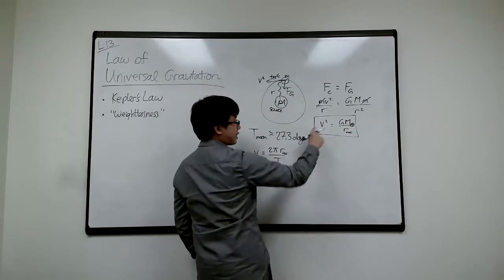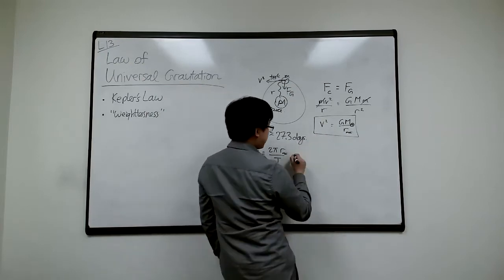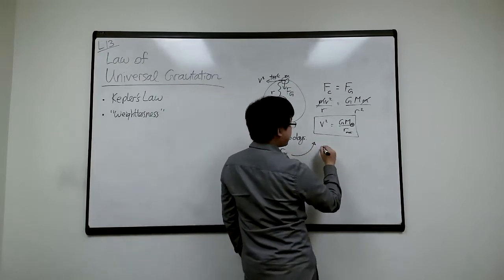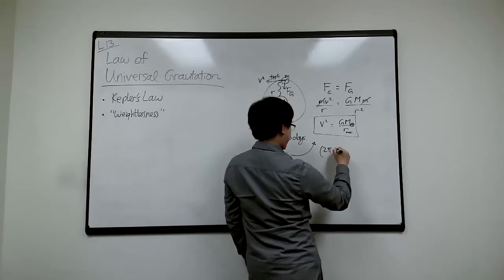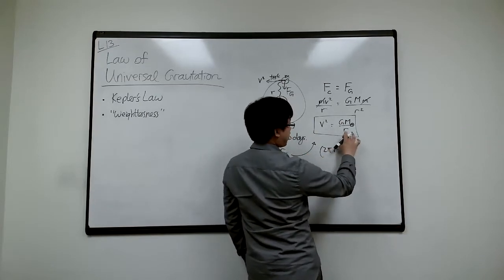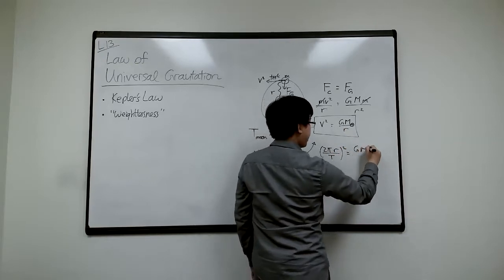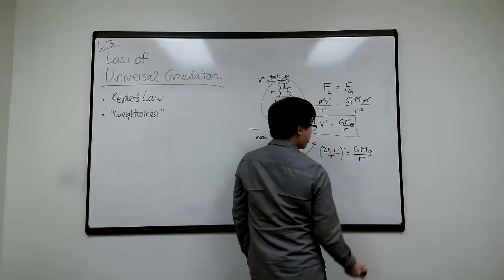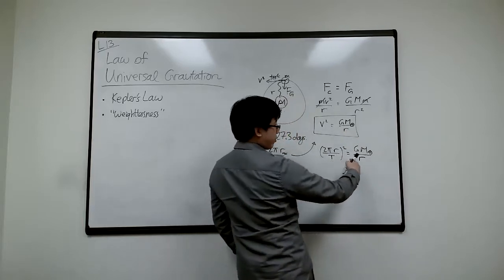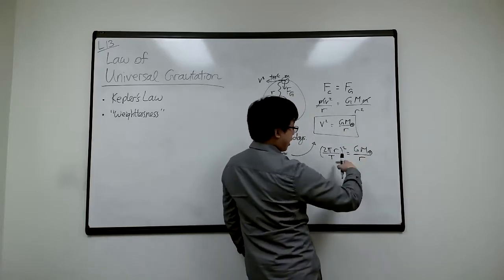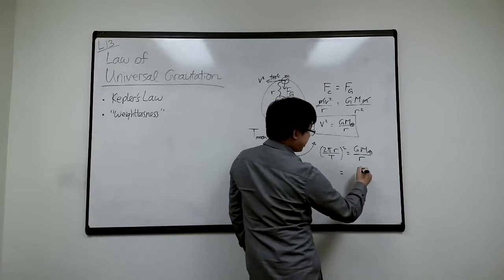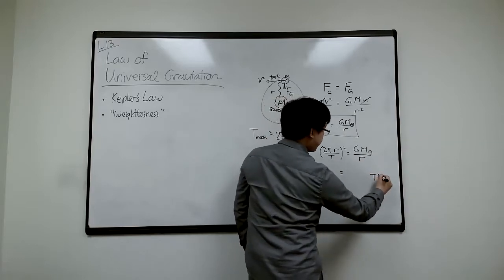So let's plug this in over here. If we plug this in, we get 2 pi r over T, squared, equals GM over r. I'll just keep it simple. That's the same r. And now let's rearrange and, for example, put T squared over here.